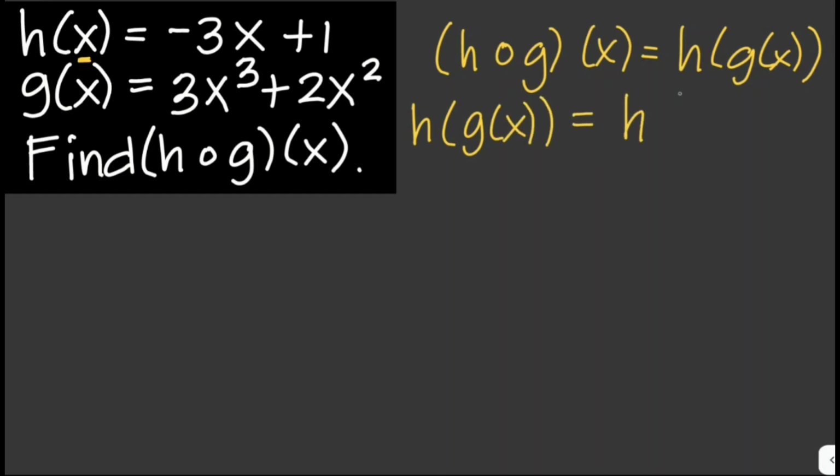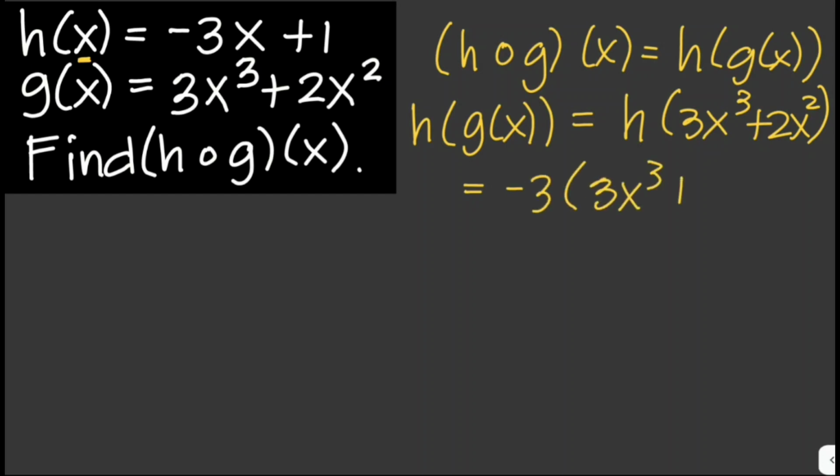So this is just h of 3x cubed plus 2x squared. So this is just equal to negative 3 times 3x cubed plus 2x squared plus 1.